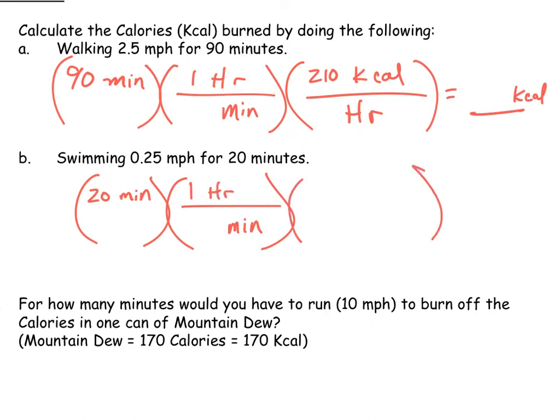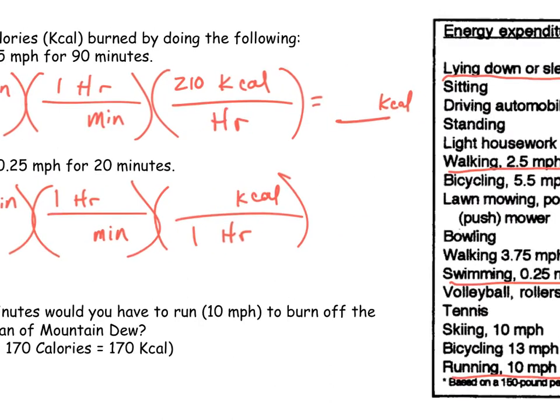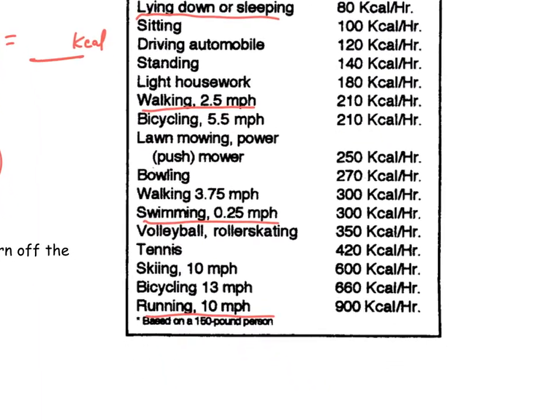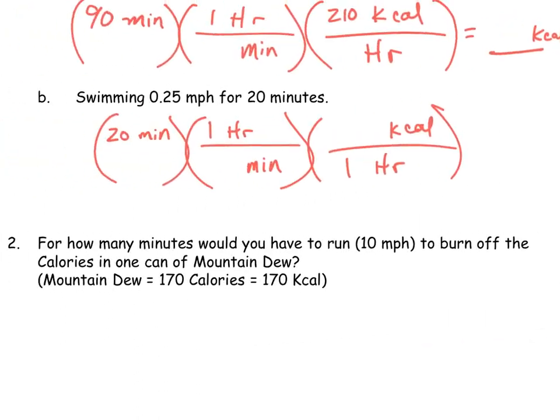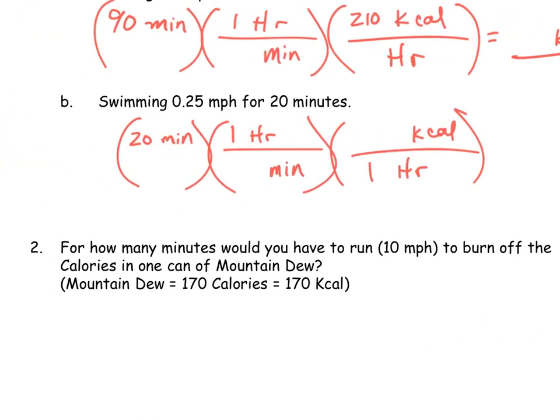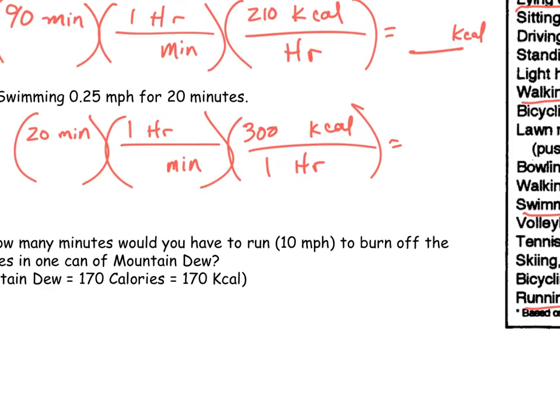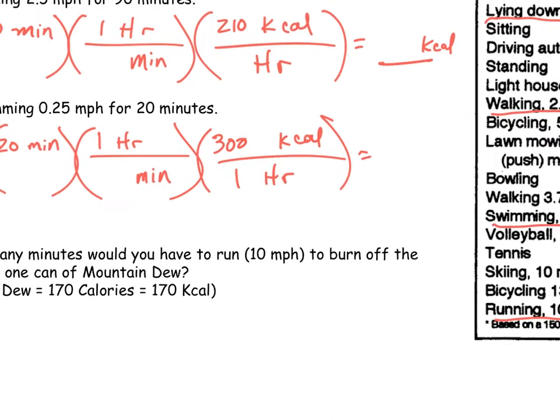And then we have to look up how many kilocalories per hour for swimming. Let's look at the chart. Swimming 0.25 miles an hour, 300 kilocalories per hour. And that will tell us how many kilocalories we will burn having swum for 20 minutes.